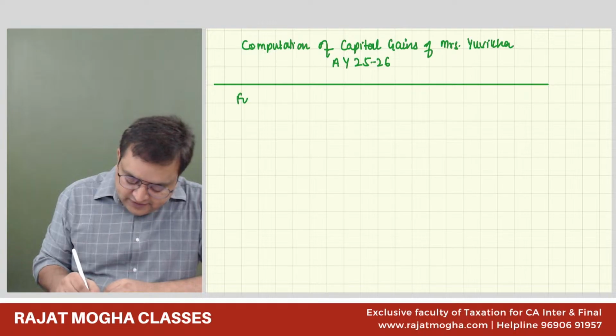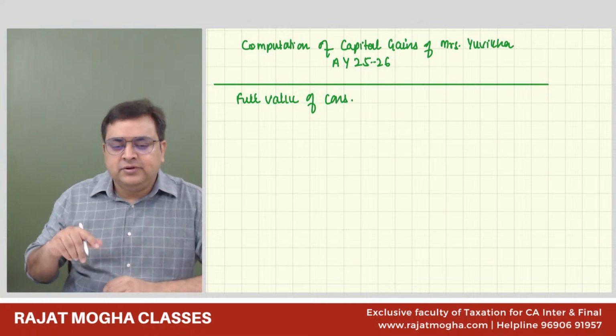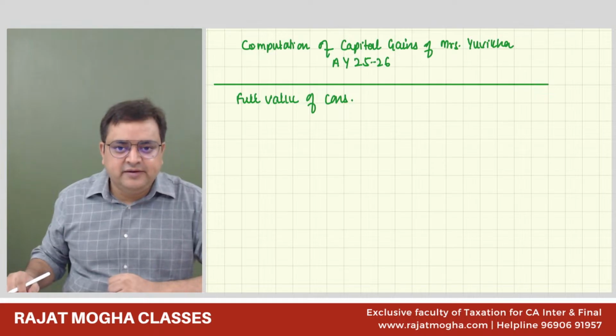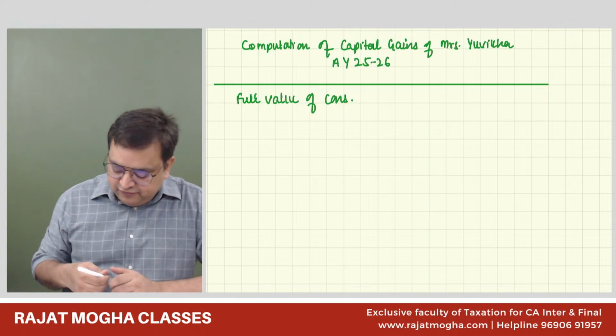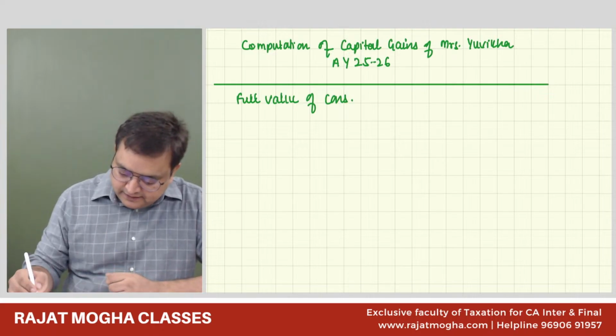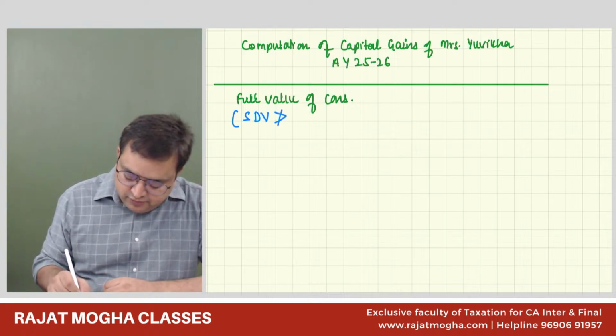So full value of consideration, how much we will take. We have discussed that we will take the actual selling price, but why are we taking it? Here we have to mention that stamp duty value is not more than 110% of selling price.